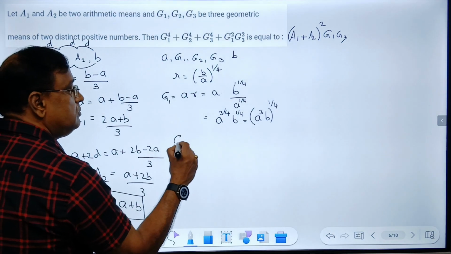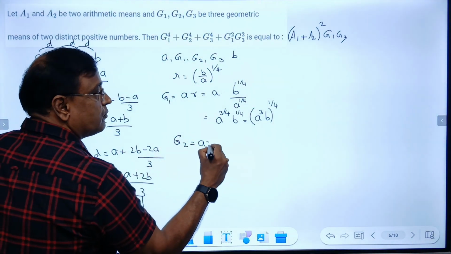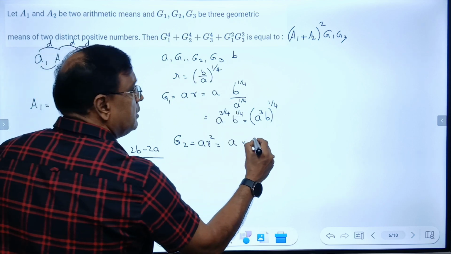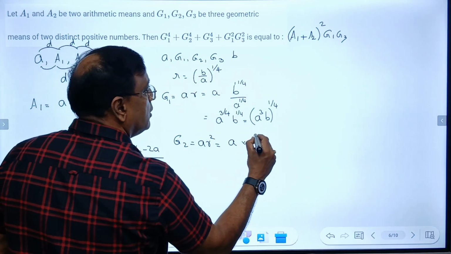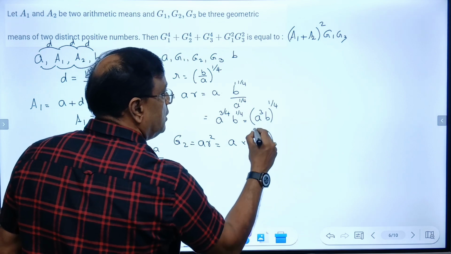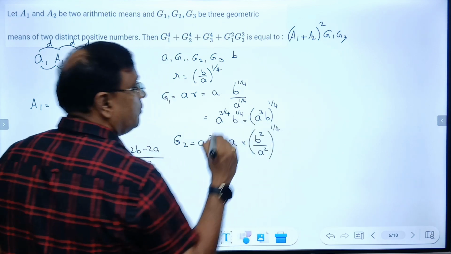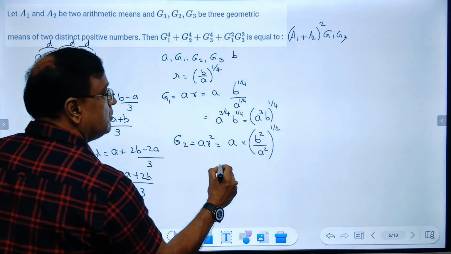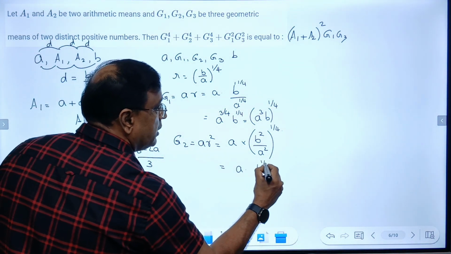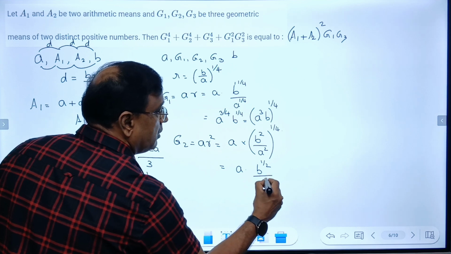Now what is g2? g2 is ar square. What is ar square? A into, r square is b square by a square to the power 1 by 4. So what is that equal to? A into b power 1 by 2 by a power 1 by 2.